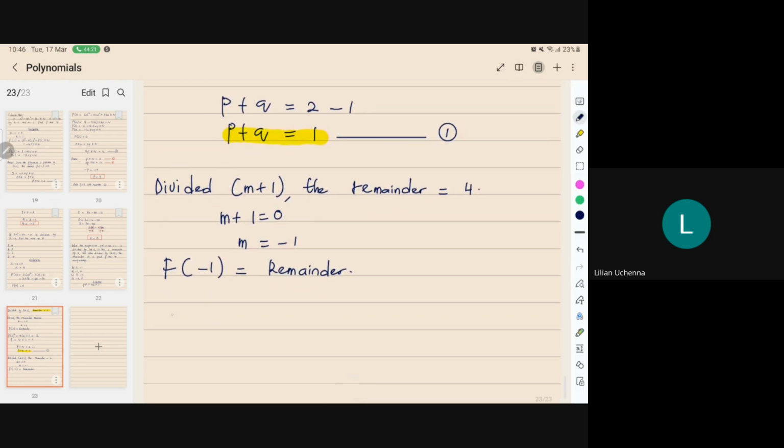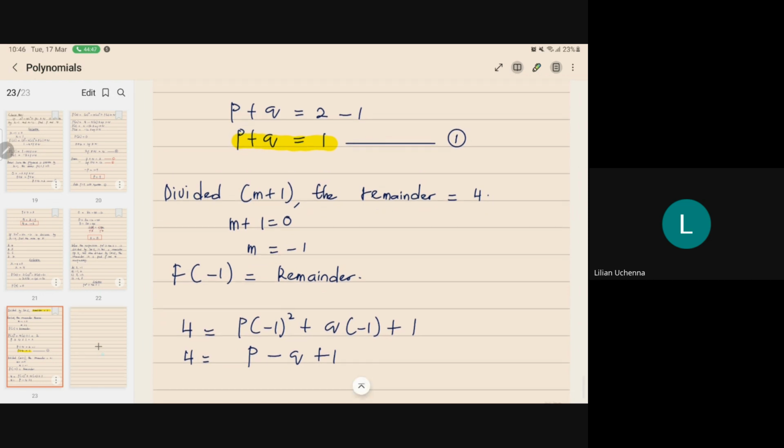So we have that the remainder is 4. 4 is equal to p(negative 1) squared plus q(negative 1) plus 1. Negative 1 squared will give us 1, so that will give us p, and then a negative q, plus 1.